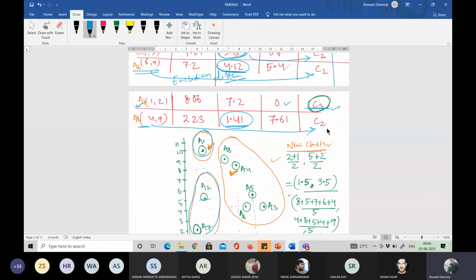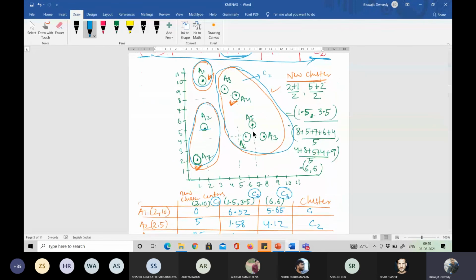So that's why I have grouped them in another cluster, that is your cluster 2. Okay, so here you can see, based upon how they are close to each other, they are grouped in 3 different groups. Okay, so this is your first group, this is your second group, this is your third group.